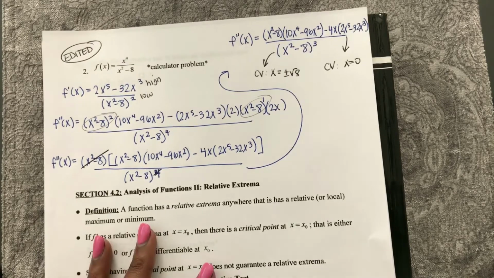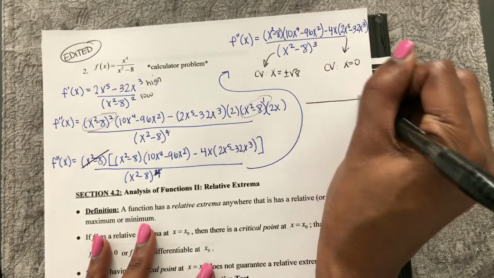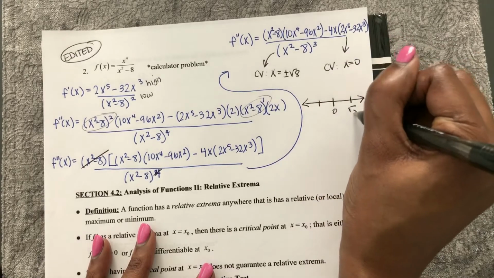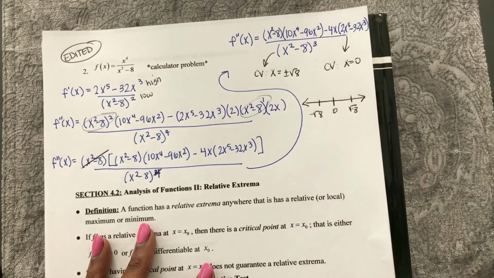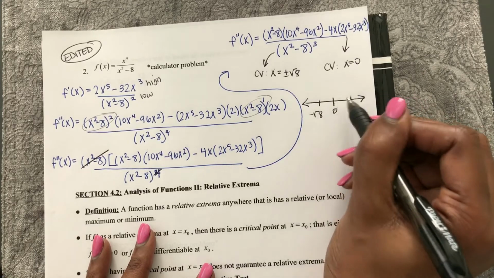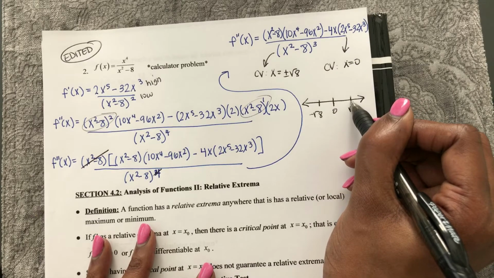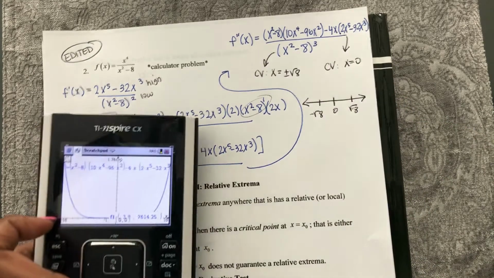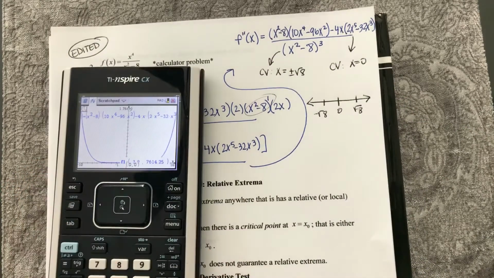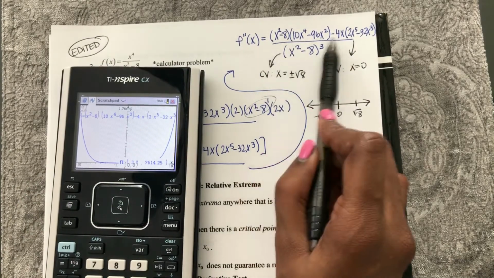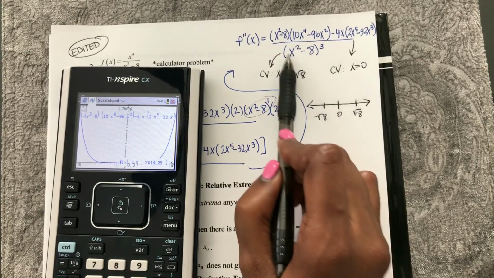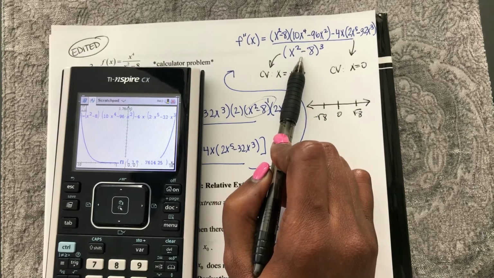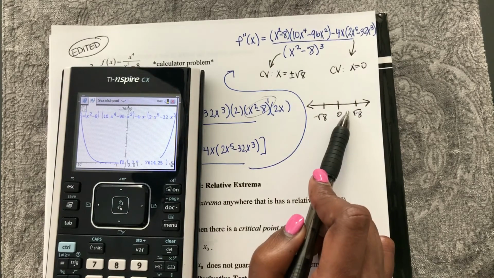So now I can do a sign check here for my second derivative. My values being 0, square root 8, and negative square root 8. So between 0 and square root 8, I could check 1, for instance. Now, we have to keep in mind for this rational expression the sign of both my numerator and my denominator, because this denominator might be negative. So let's say I plug in 1 here.